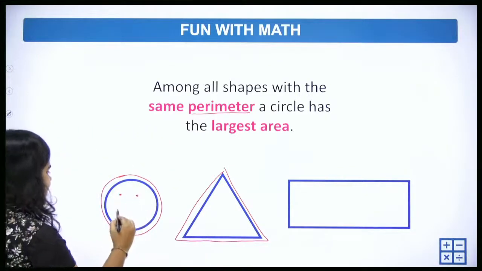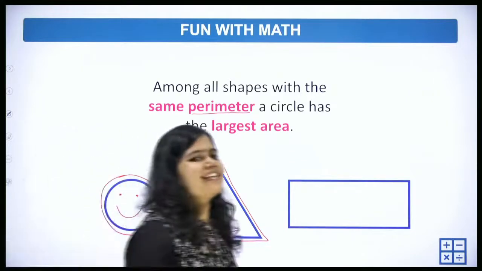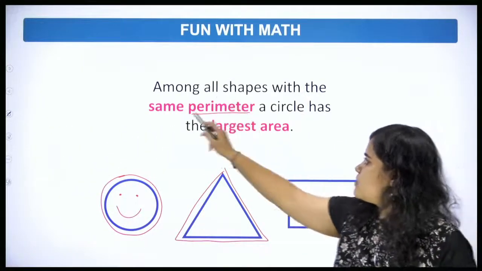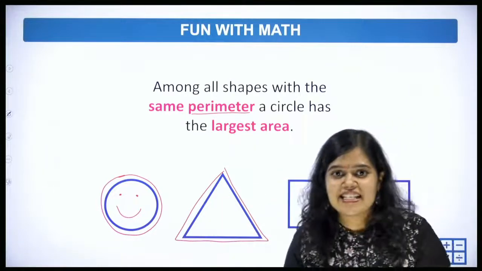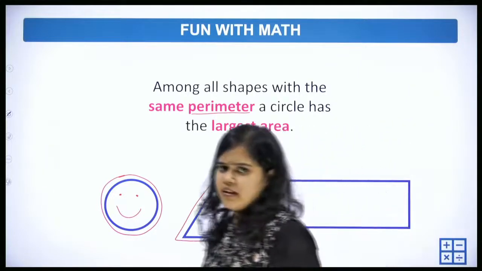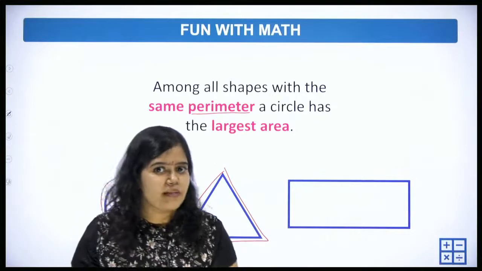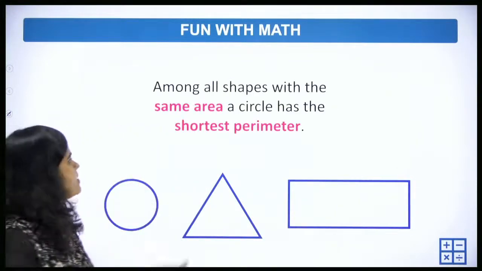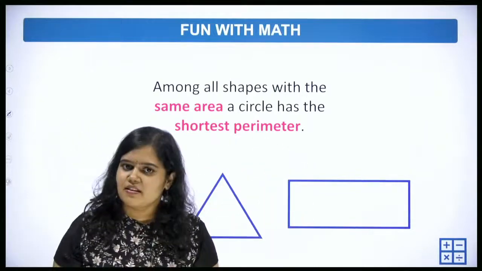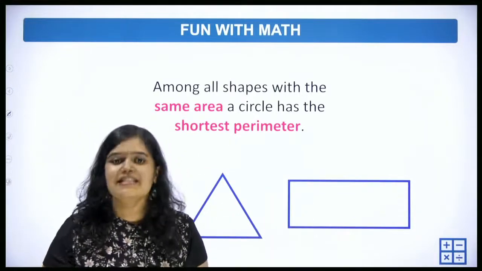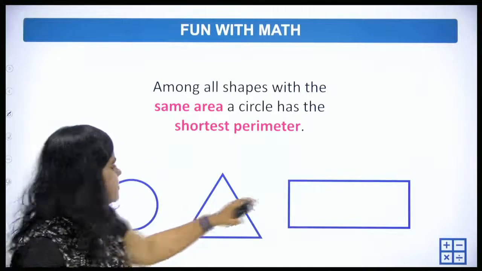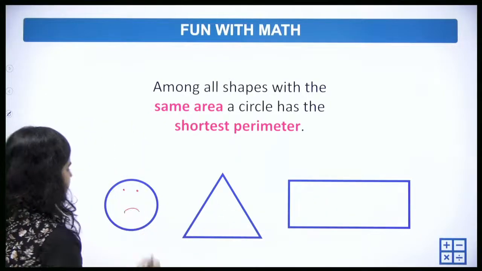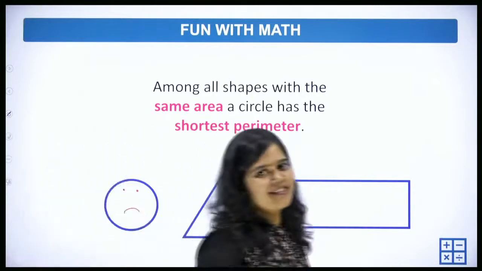The largest area is always by the circle. That is the fact. So if all shapes are of the same perimeter, the largest area is by the circle. Then what if all are of the same area? If all are of the same area, then the shortest perimeter is of the circle. If all are of equal area, then the perimeter of the circle is shortest.